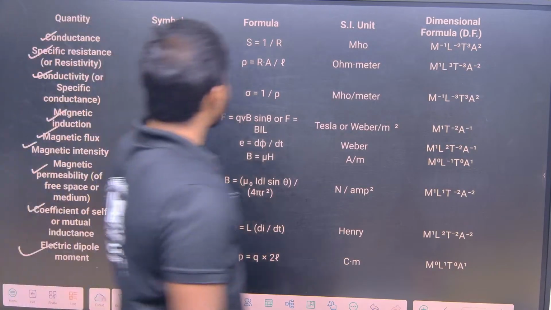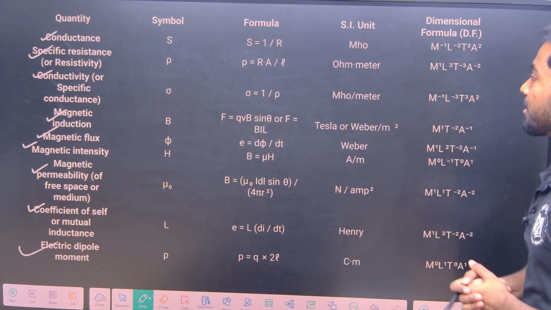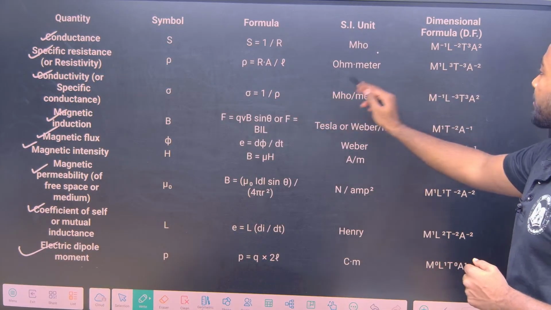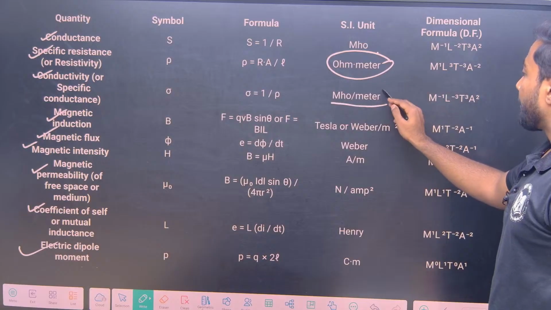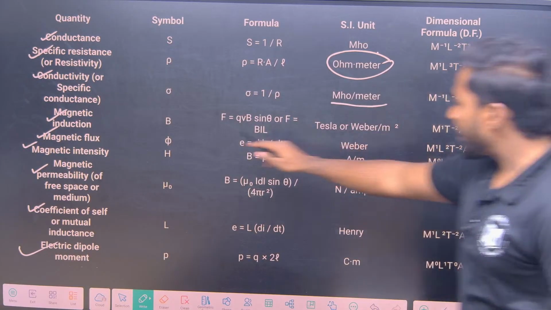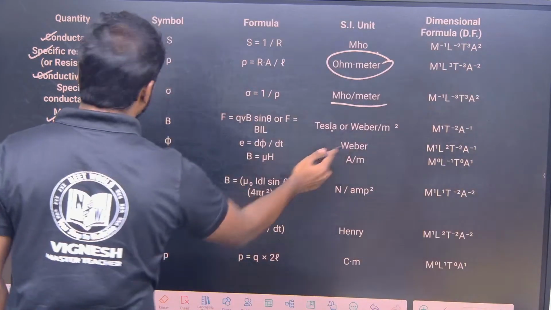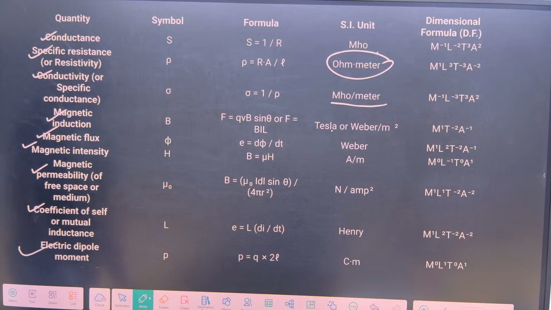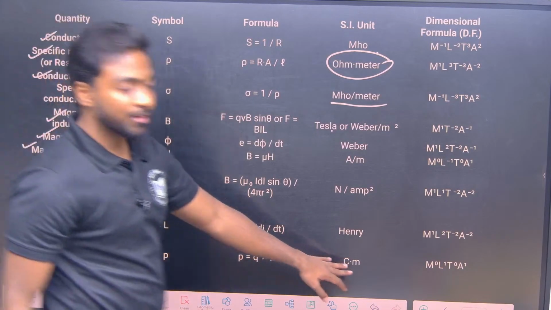The symbols and formulas are given, and we have given the SI unit of each quantity. Conductance is mho, specific resistance is ohm meter, conductivity is mho per meter. Magnetic induction is Tesla or Weber per meter square. Magnetic flux is Weber. Magnetic intensity is ampere per meter. Magnetic permeability is Newton per ampere square. Coefficient of self or mutual induction is Henry, and electric dipole moment is Coulomb meter.